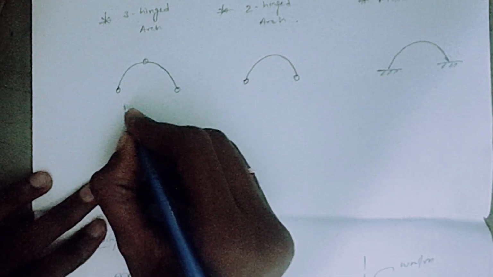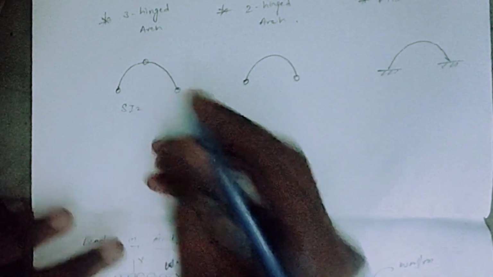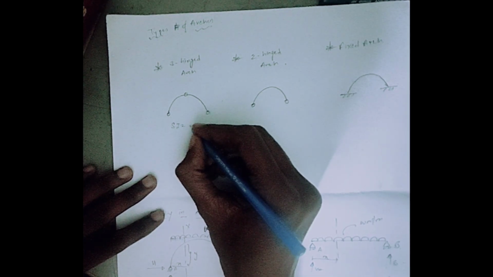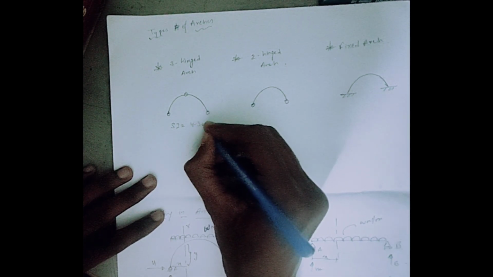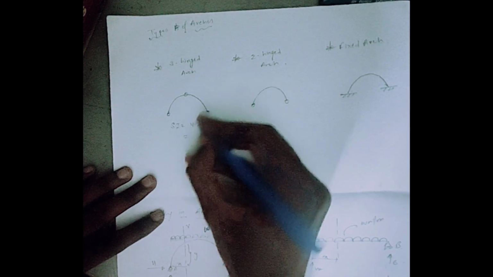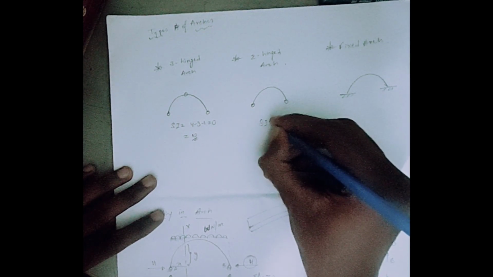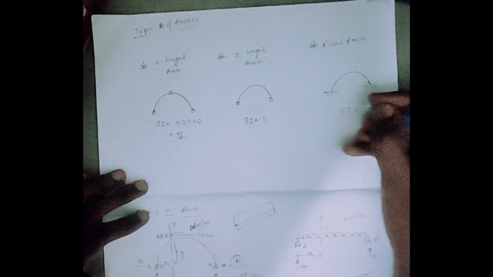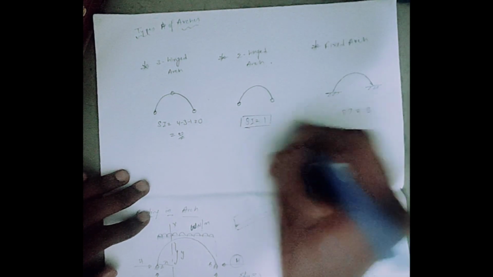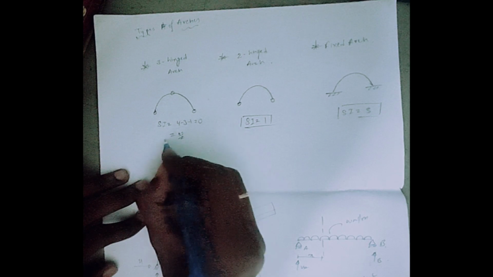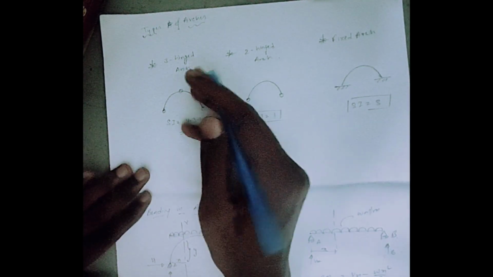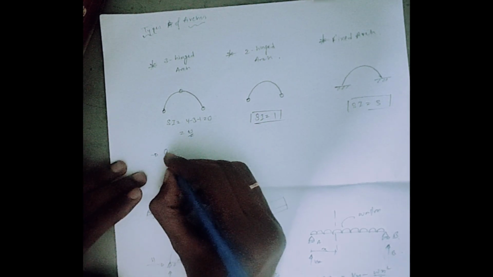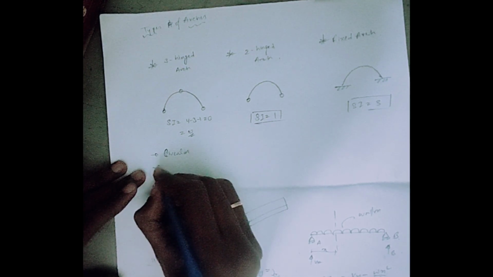Now if you find the static indeterminacy, for the 3 hinged one it will be 0, for the two hinged one I'm writing directly that it is 1, and the static indeterminacy of the fixed one will be 3. In the 3 hinged one we have circular and parabolic.